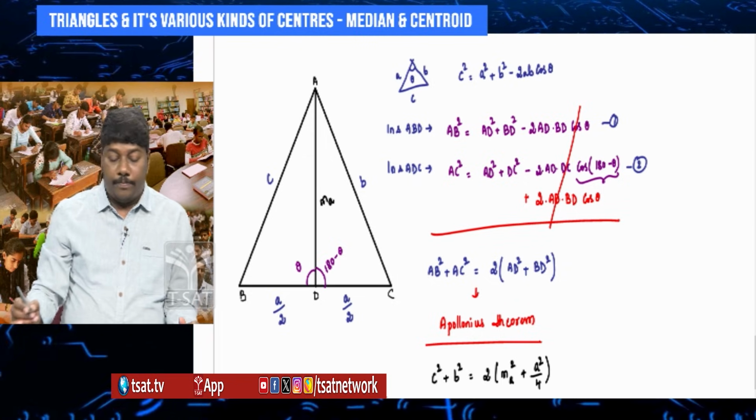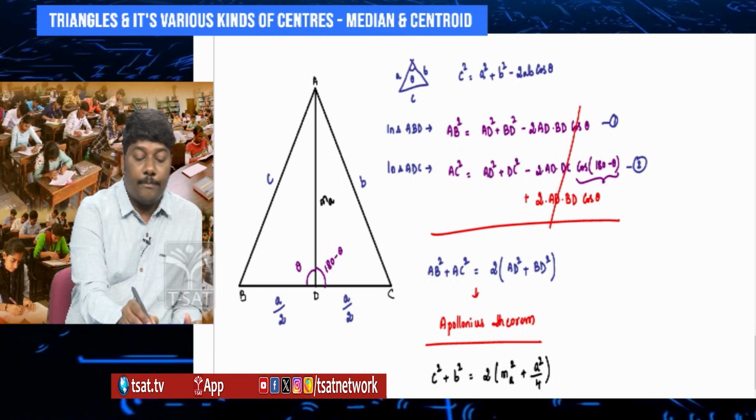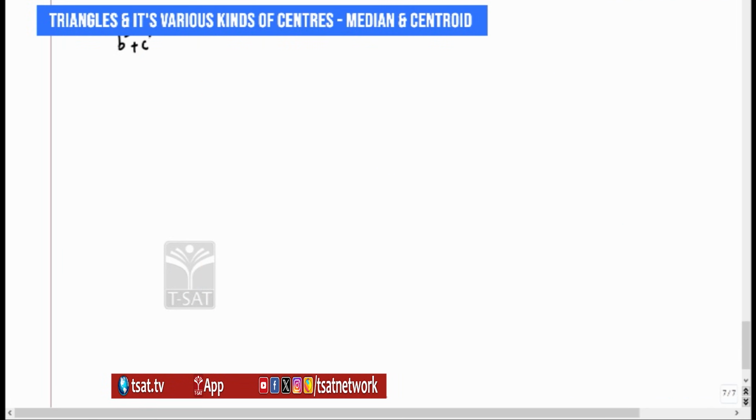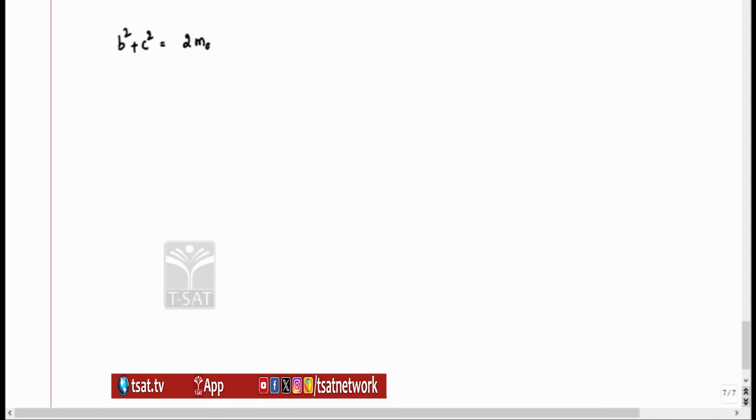Multiplied with 2, it becomes b square plus c square is equal to 2 ma square plus a square by 2. Again multiply it with 2: 2b square plus 2c square is equal to 4ma square plus a square. We have multiplied it with 2 on both sides.